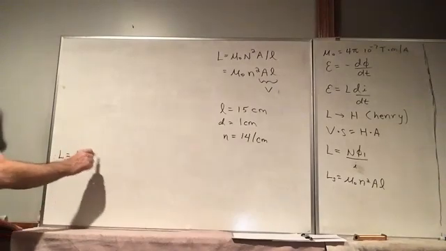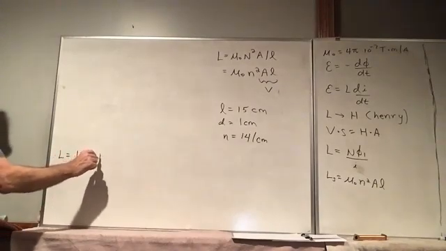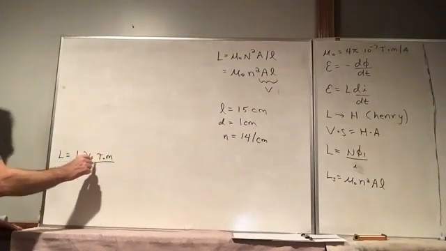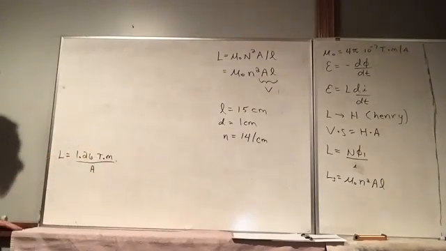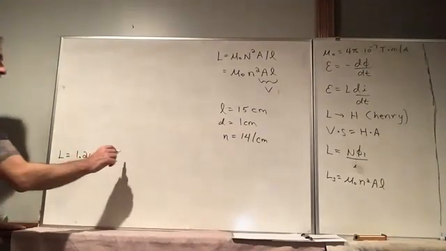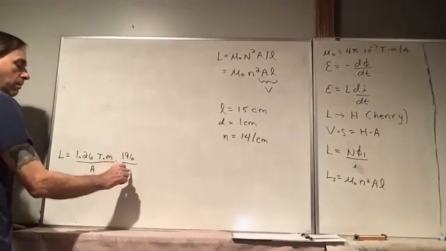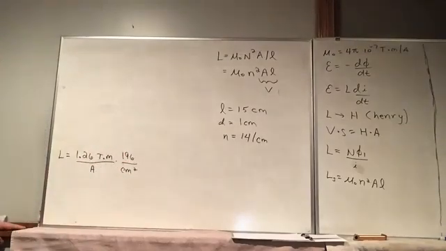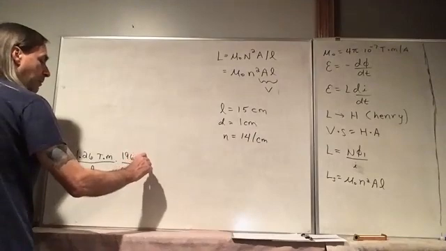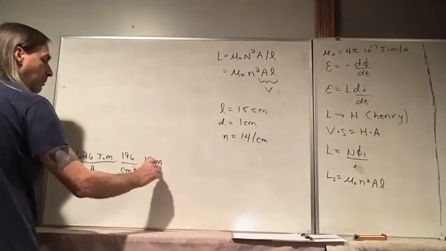In other words, 1.26 times 10 to the minus 6 Tesla meters per amp. N squared, 14 squared is 196. Just knowing the squares of numbers is kind of useful. And that'd be per centimeter squared. The length is 15 centimeters, so we get rid of one of those.